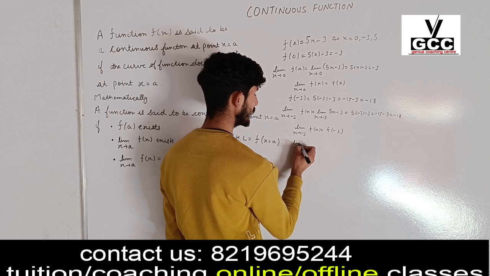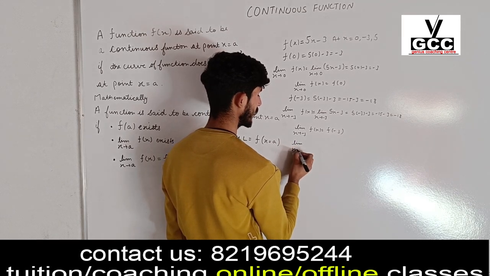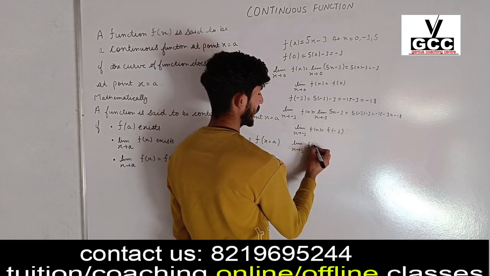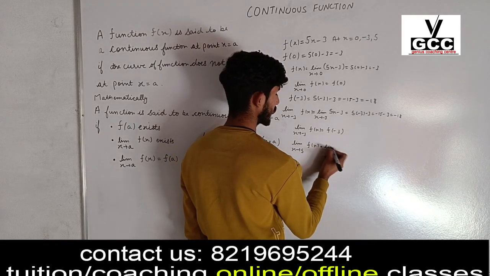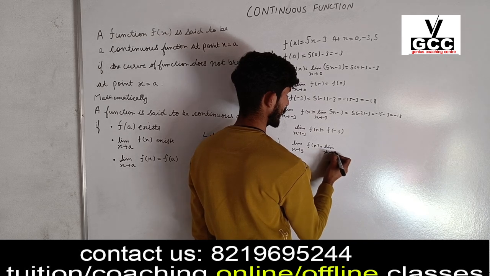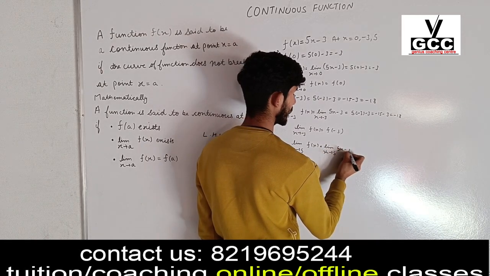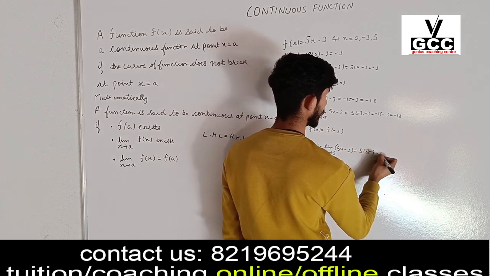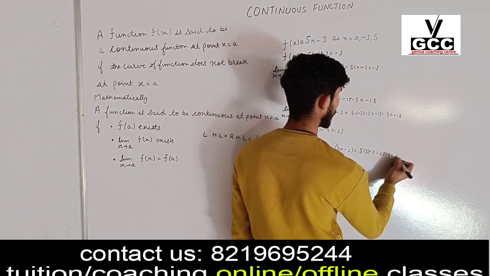Similarly, limit x approaches to 5, f of x, given function f of x equal to 5x minus 3, that is equal to 5 into 5 minus 3, that is equal to 25 minus 3, that is equal to 22.